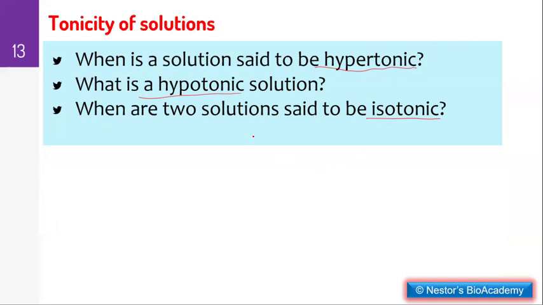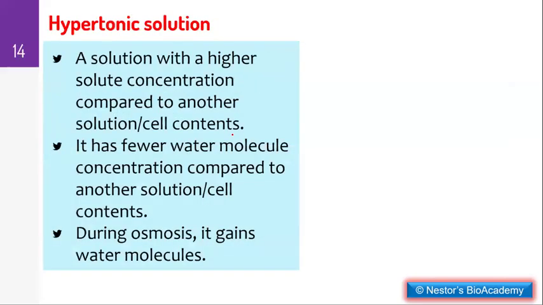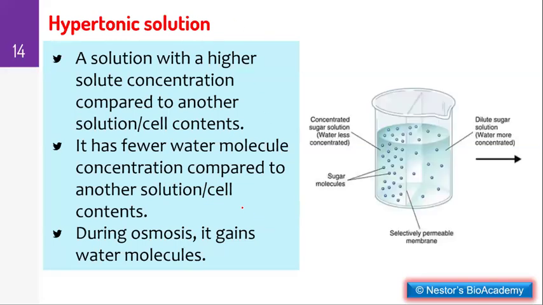These terms are basically comparative terms, which we always use to compare concentrations of solutions, concentration of one solution in reference to another. So we define a hypertonic solution as a solution with a higher solute concentration compared to another solution or compared to the cell contents.